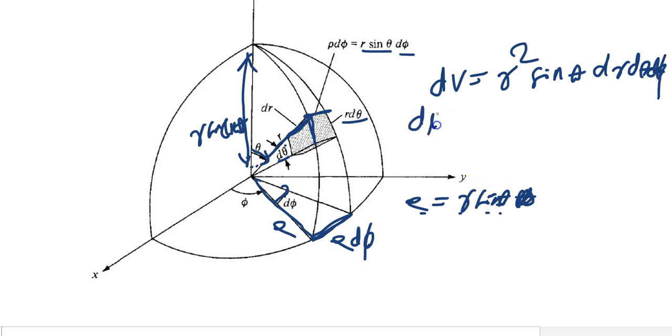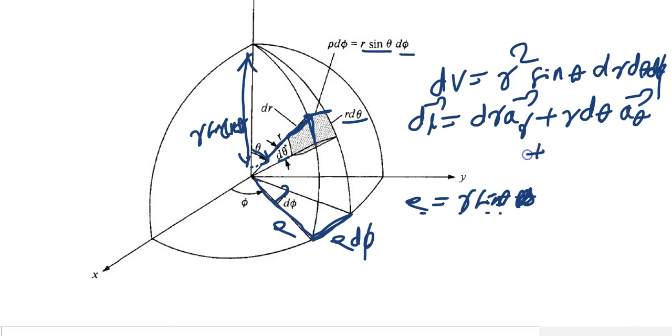And the differential length is dr ar plus r d theta a theta plus r sin theta d phi a phi.